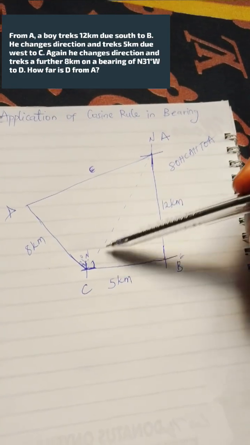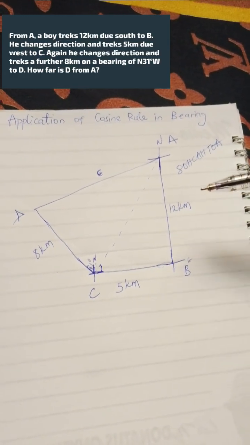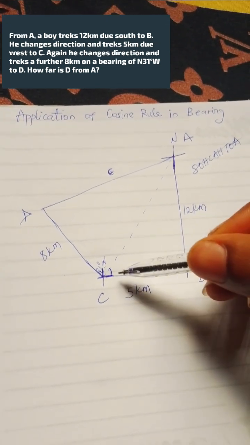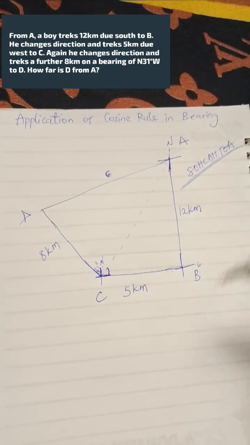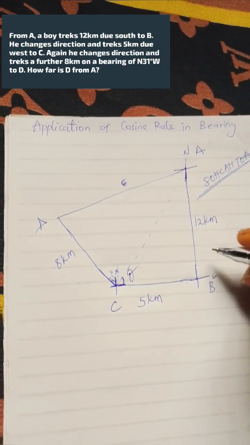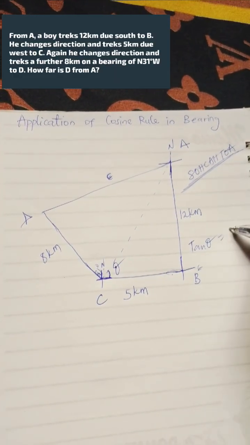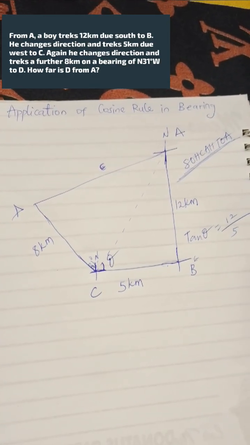If you look at this right angle triangle, we're only given two sides, which are the adjacent and the opposite. So we have to look for the trigonometric ratio that has opposite and adjacent, and that is tan. Let me call this theta. So tan theta is equal to opposite, which is 12, over adjacent, which is 5 kilometers.